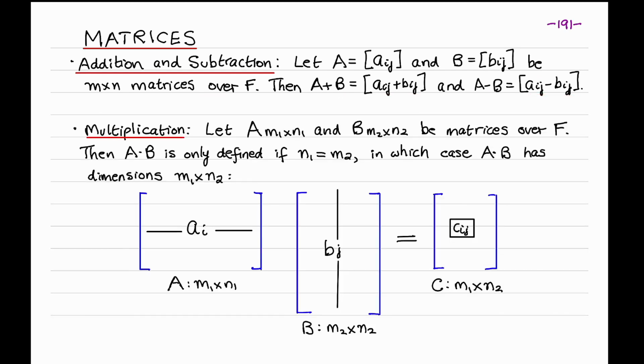So if A is an m1 by n1 matrix over F, and B is an m2 by n2 matrix over F, then the product of A and B is only defined if n1 equals m2. So the number of columns of the first matrix must equal the number of rows in the second matrix. If this is the case, then the product of A and B has dimensions m1 by n2. The ij-th entry of the product is obtained by taking the inner product of the i-th row of A and the j-th column of B.